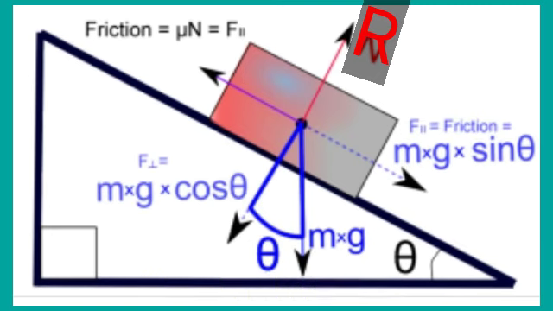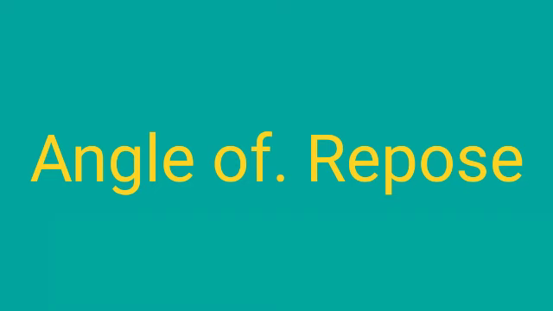If you observe the diagram, exactly opposite to the normal reaction we have mg cos theta. So this mg cos theta balances the normal reaction. So when a body is resting on the inclined plane, the normal reaction R is mg cos theta. So these are the two equations for the normal reaction on a horizontal plane and an inclined plane.